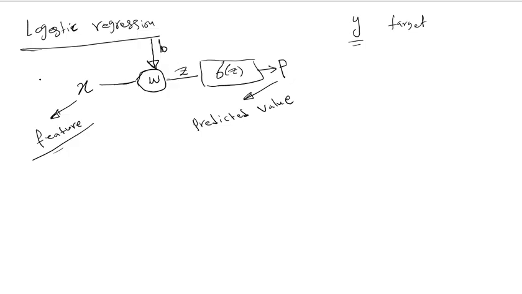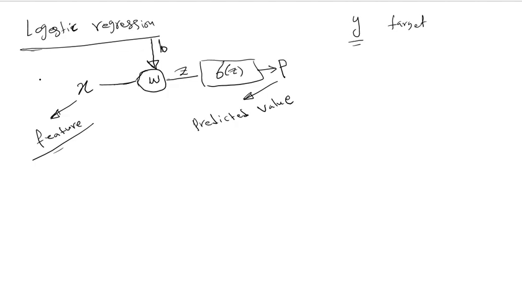So we have here the target, some labels that show which class this data or this feature belongs to. This is the predicted value and this is the target, and I want these to be the same. And I need a cost function or a loss function.